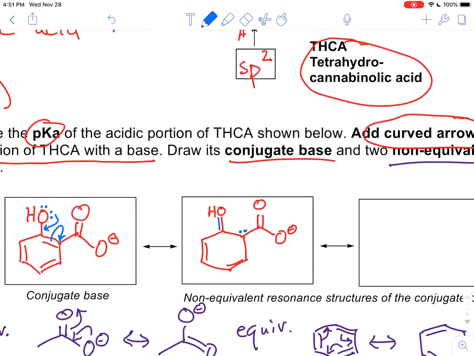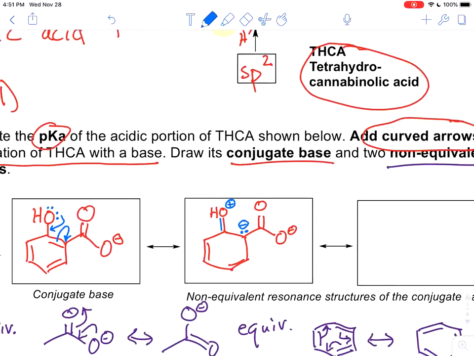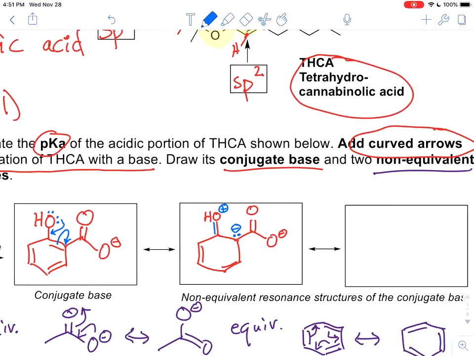Whenever oxygen has 3 bonds, it has a positive charge. Whenever carbon has a lone pair, it's negatively charged. So let's keep that direction. We'll start at that lone pair and we'll end at this bond, take that pi bond and end at that carbon.